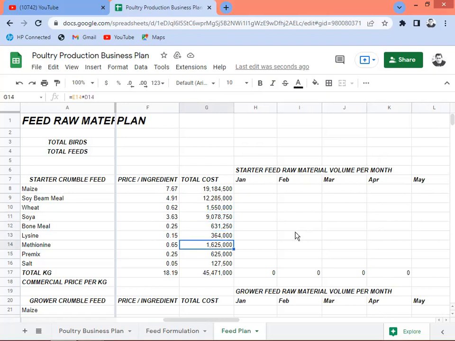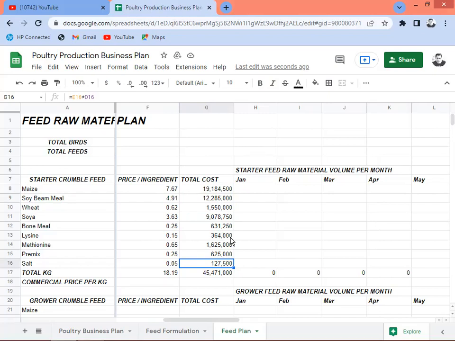Which one next? Methionine, the wheat also. So we need a total of 45,471,000, either rupees or pesos, to budget for our starter crumble feeds.